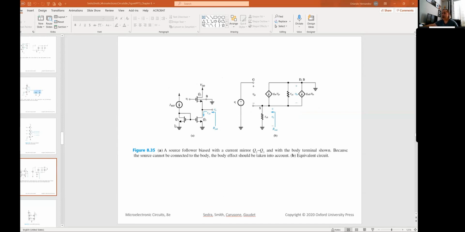So here we have just Q2 and Q3 as a current mirror, which is just developing the biasing, rather than the load, for the current for the source follower. The actual source follower is Q1, and the input is at the gate, and that's Vin.